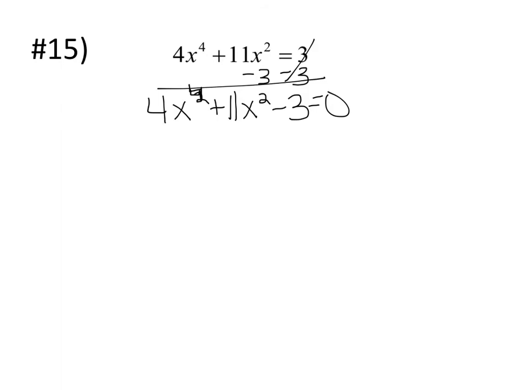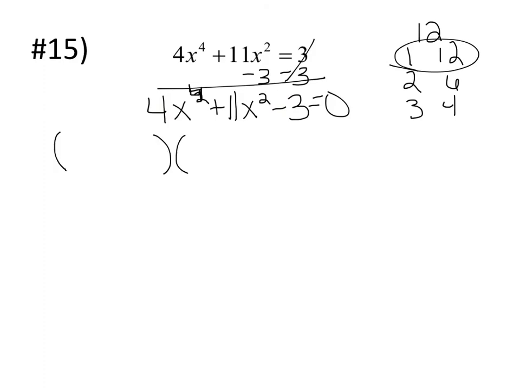Okay. All right. Now you're going to factor this. You're going to treat this just like a normal factoring problem. You're going to multiply your first and last number to get 12, and then your factors of 12 that give you 11. We've got 1 and 12, 2 and 6, and 3 and 4. 1 and 12 are going to be my factors that give me 11.